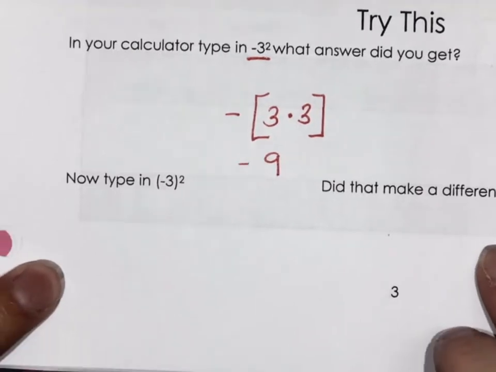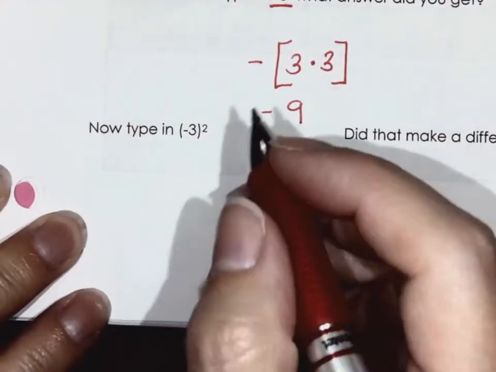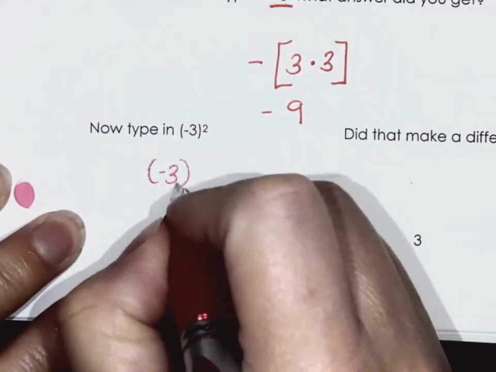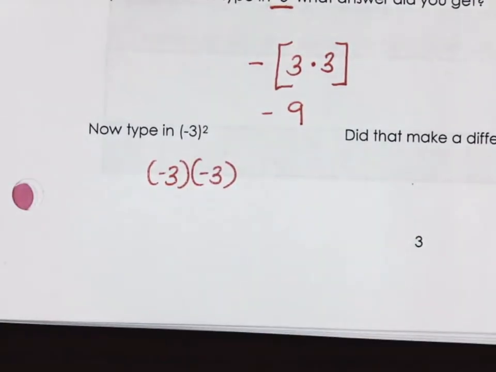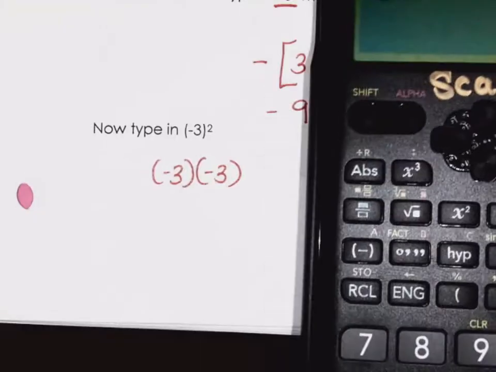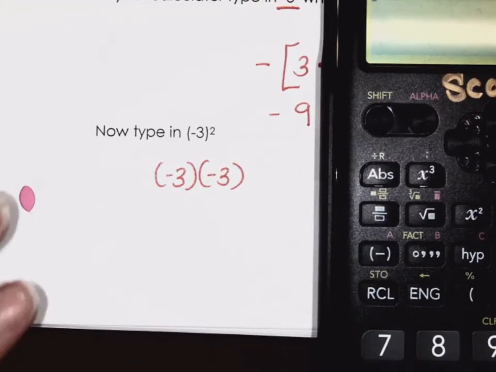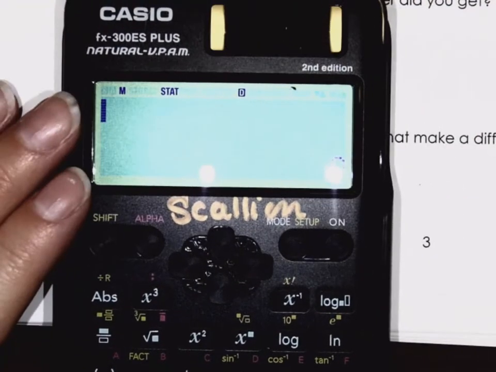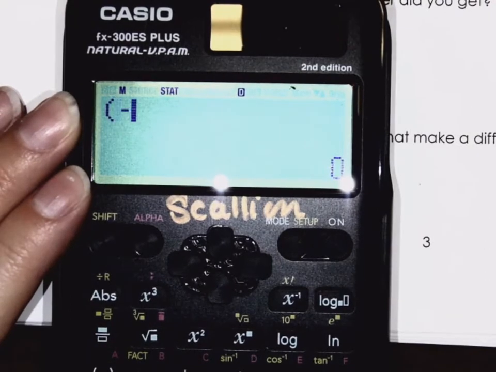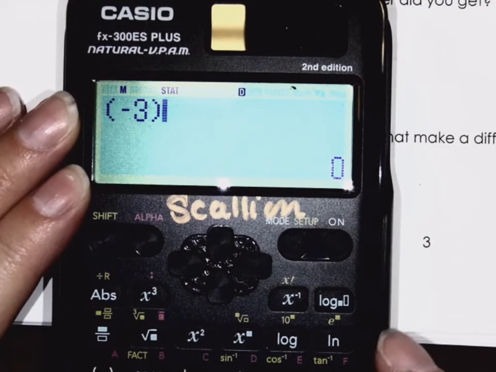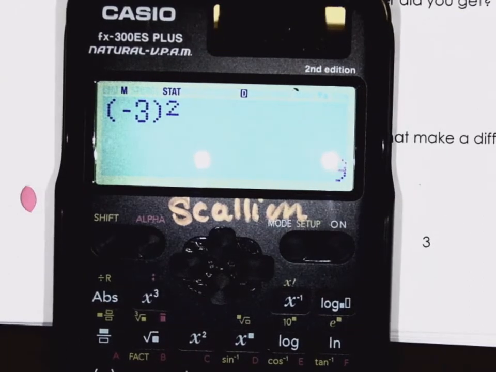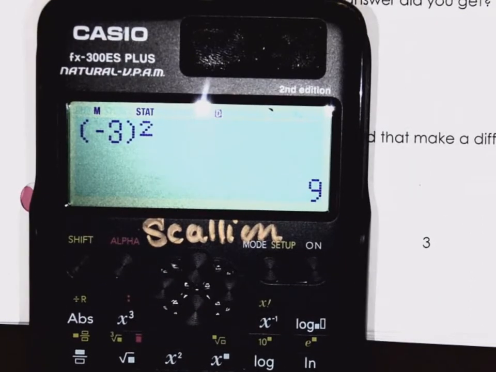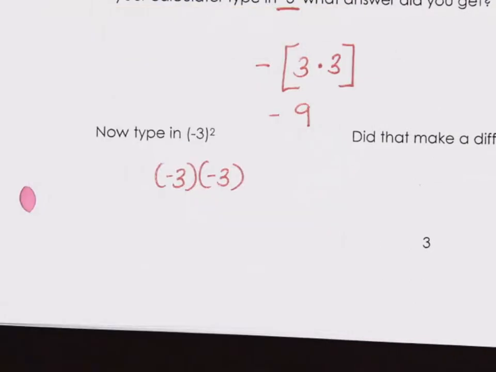Now, if we choose to put brackets around the -3, your calculator now sees it like this. So what's -3 times -3? +9. So that's a little bit different. I'm going to open up my brackets, put in -3, close my brackets, and hit the squared button. And now I get an answer of +9. So they mean different things, so make sure you're using brackets appropriately.